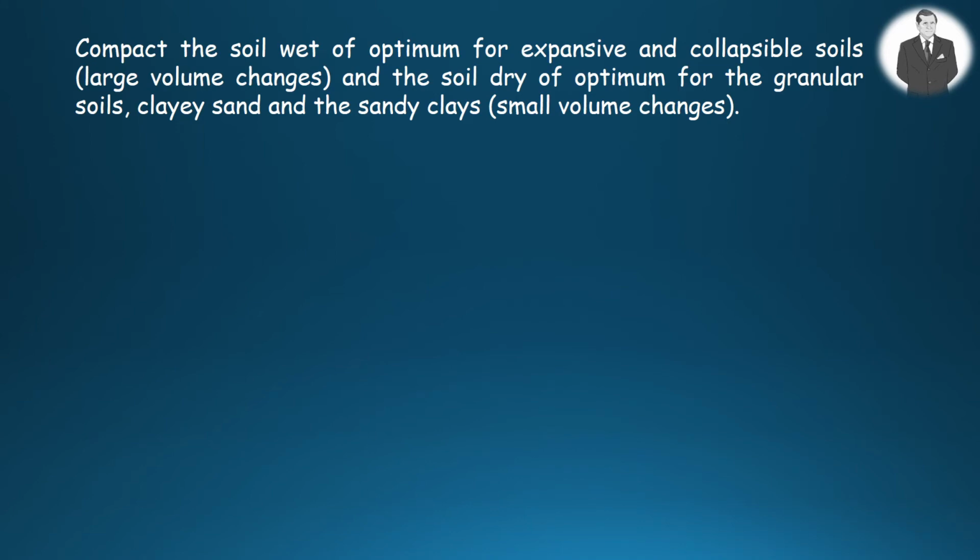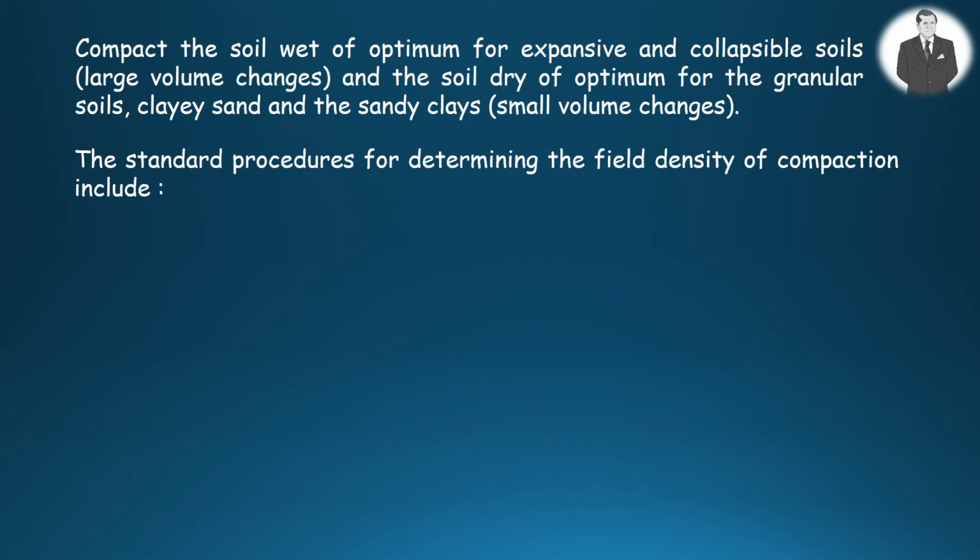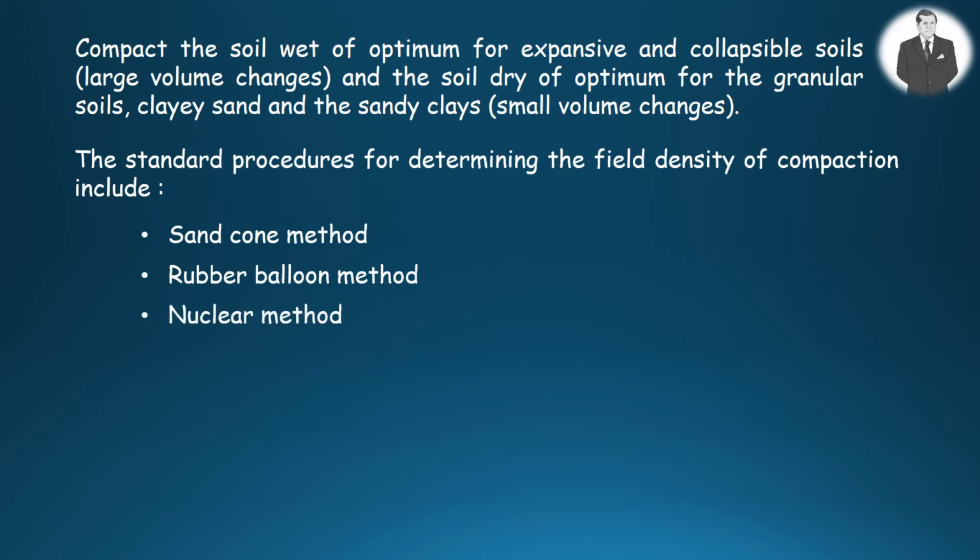It is important to note that soil should be compacted wet of optimum for expansive and collapsible soils, which are vulnerable to volume changes, and dry of optimum for the granular soils, clayey sands, and sandy clays, which are less sensitive to volume changes. The standard methods to determine the field density of compaction include sand cone method, rubber balloon method, and nuclear density method.